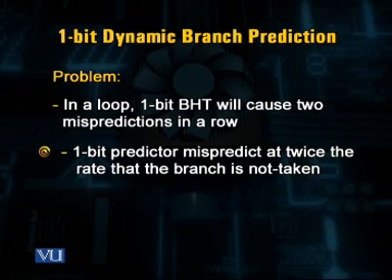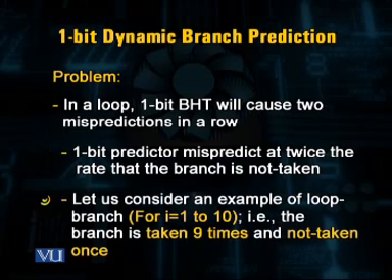I will explain it to you with the help of this example for a loop, which is, for example, a loop to repeat certain operations 10 times, and which may be written in a high-level language as for I equal to 1 to 10. Here, the branch is taken 9 times and is not taken once. Now, when this particular loop is used with a 1-bit branch predictor, the behavior is mispredicted twice.